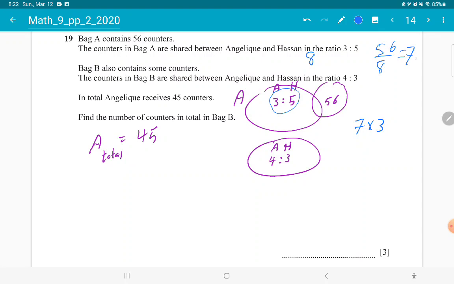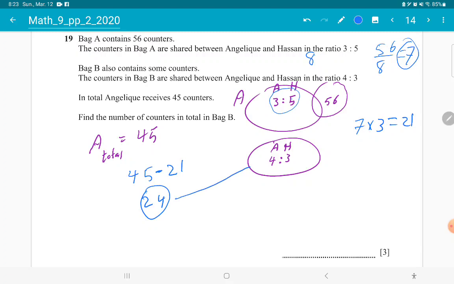Each chunk is 7. Angie has 3 of them, so that's 21. Let me subtract 21 from 45. How much is left? 24.